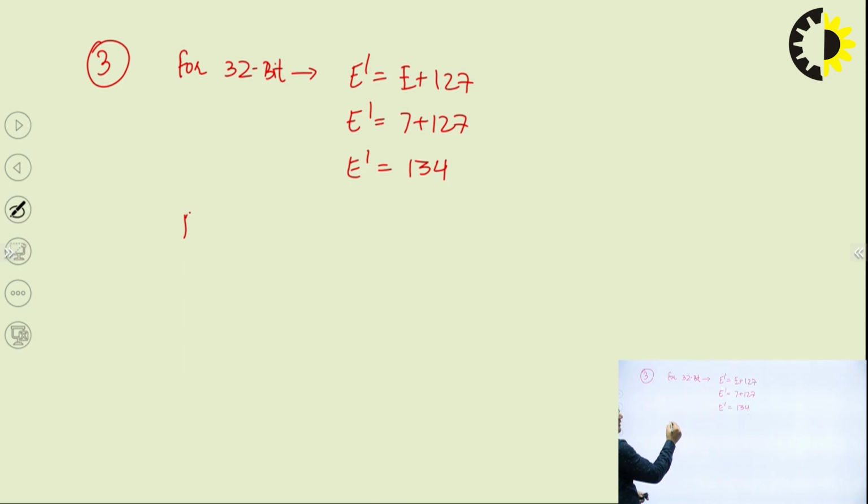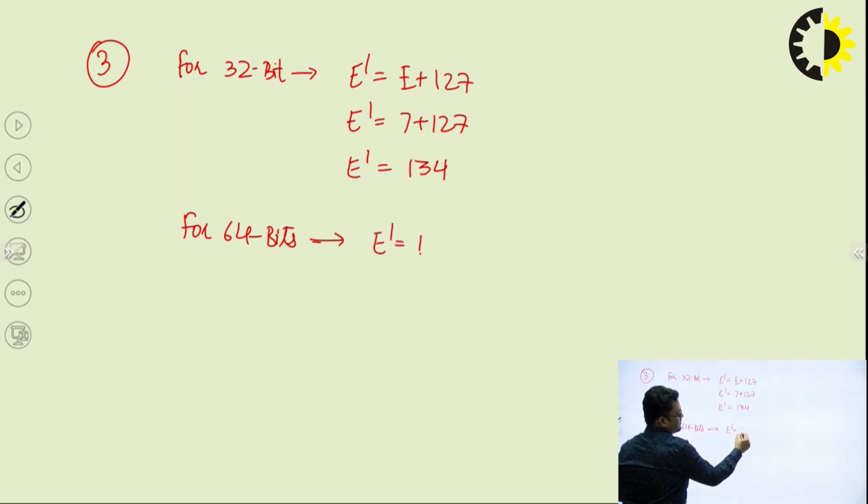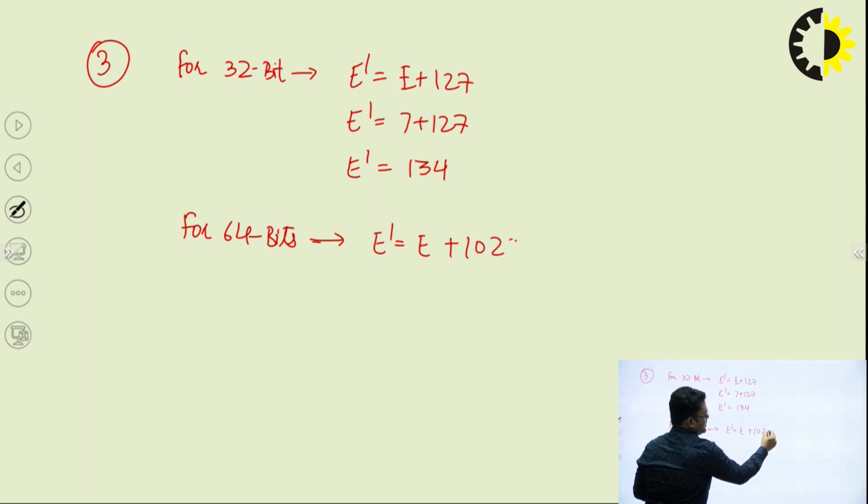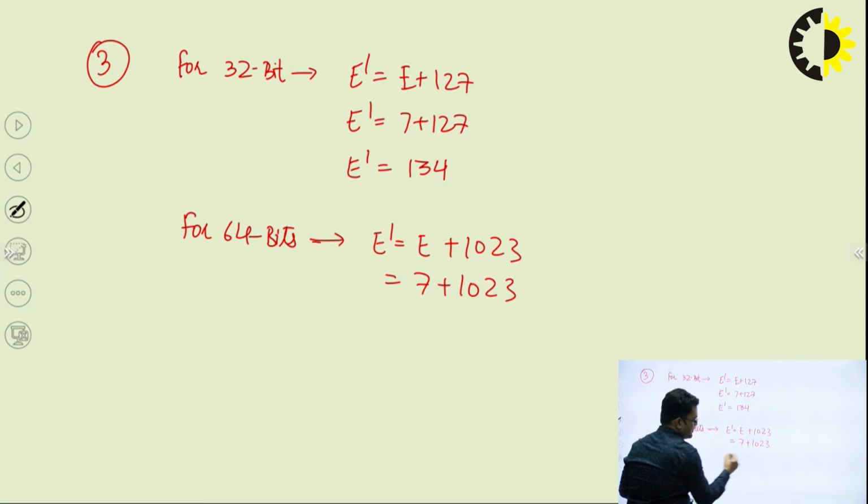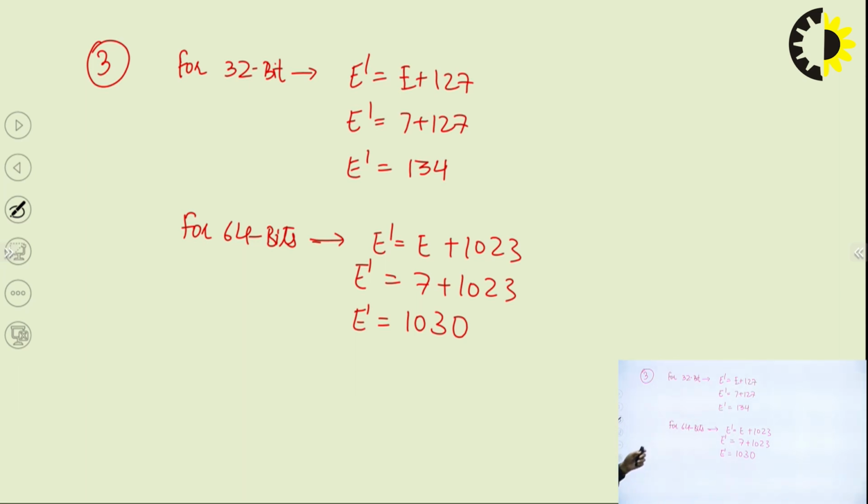And for 64 bits, E dash becomes exponent plus 1023. As our exponent is 7 again, our biased exponent becomes 1030. So this is my step number 3. I have calculated my biased exponent.